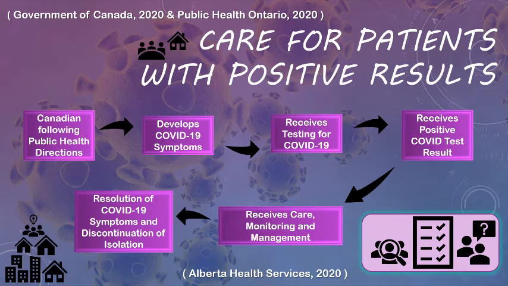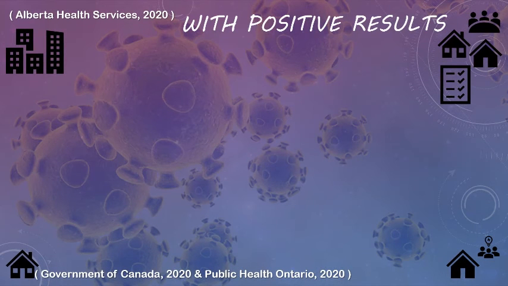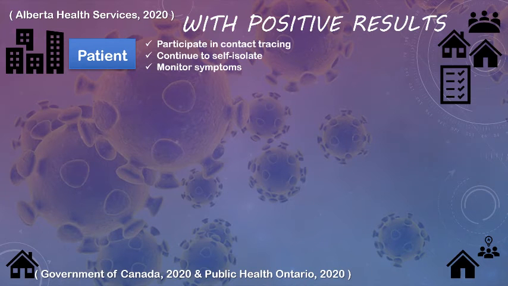Once the patient is free from the disease, discontinuation of isolation occurs. So once the patient receives positive results, he or she participates in contact tracing. He continues to self-isolate and monitor his own symptoms.